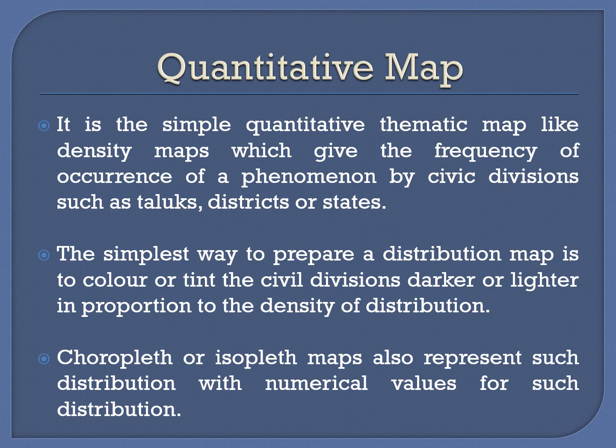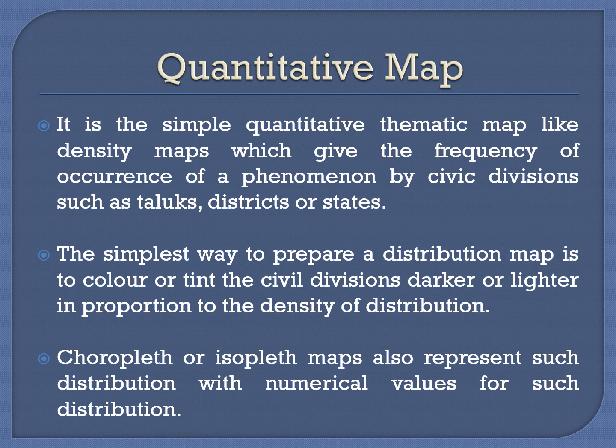We will move to the third one, the quantitative map. Quantitative maps are those maps which appear quantitative both in construction and in appearance. That means both in construction as well as in appearance, it will only look quantitative.